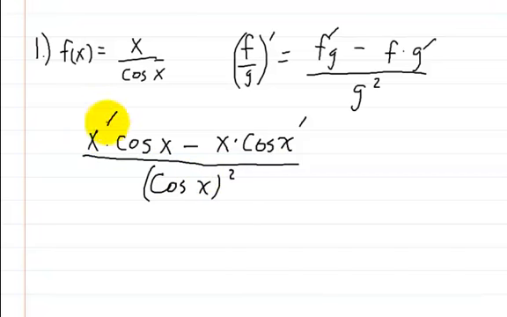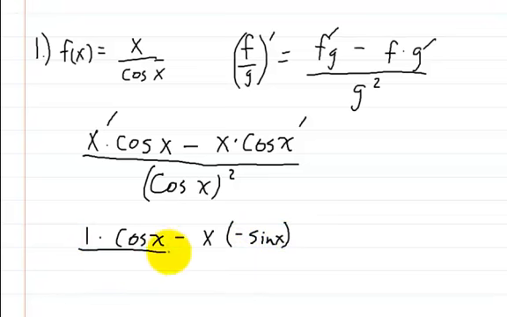In the first one, taking the derivative of x, you just get 1, so you're going to get 1 times cosine of x minus, and in this one we're going to take the derivative of cosine, and the derivative of cosine is negative sine. So you're going to get negative x times negative sine of x, all over cosine x squared.